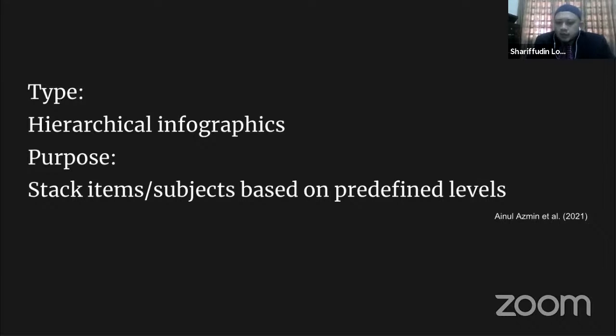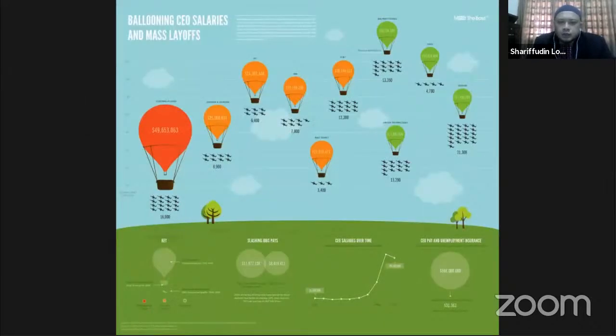Hierarchy is to show that, for example, in this sample slide, the title of the slide is the ballooning CEO salaries and mass layoffs, right? So all the companies and all the CEOs as compared to the layoffs of the people.